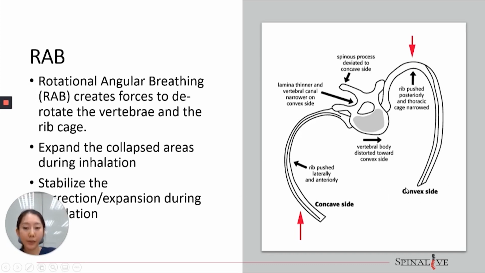On the convex side, you often see a rib hump, while the concave side will be a sunken surface. So usually when doing the RAB, the breathing is most often done into the concavity side, so that you are able to derotate this whole structure.